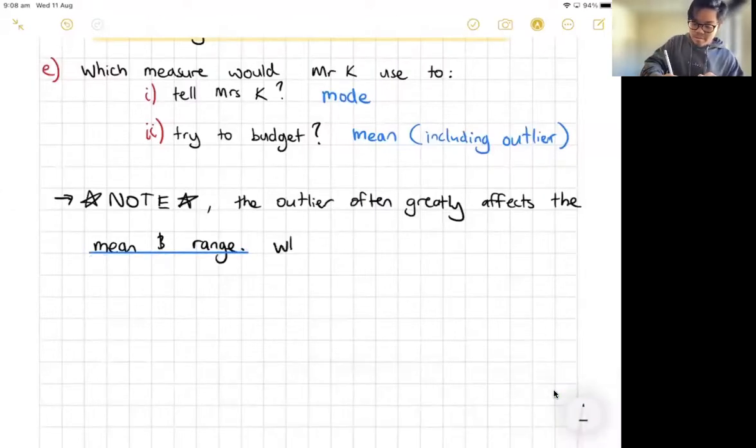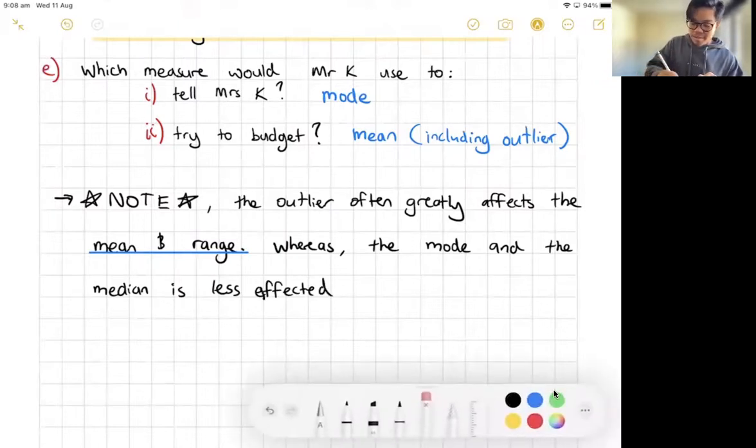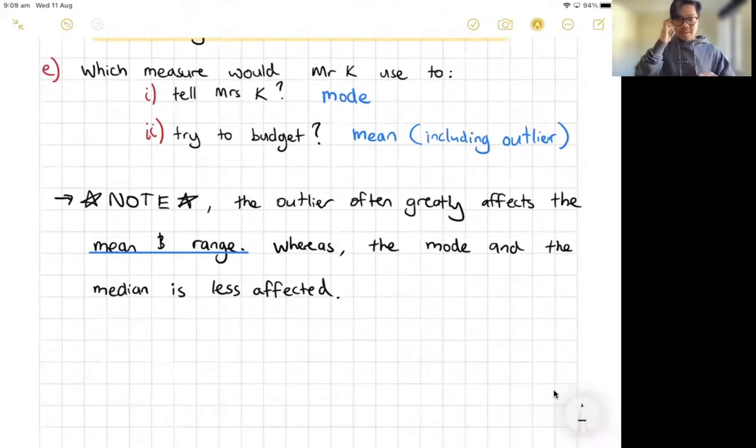Whereas the mode and the median are less affected. Sorry, math teacher here. So, less affected. Okay.